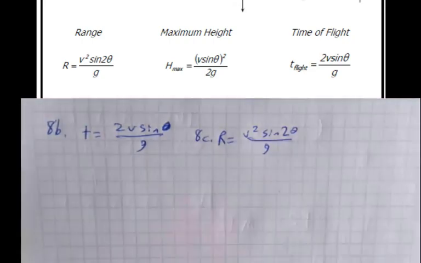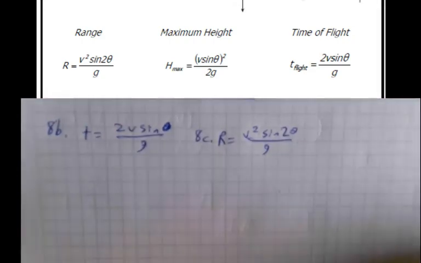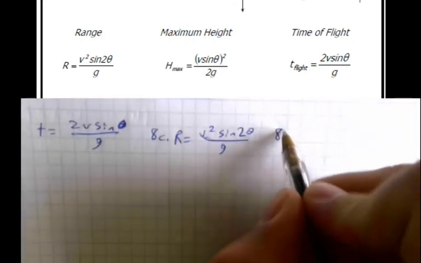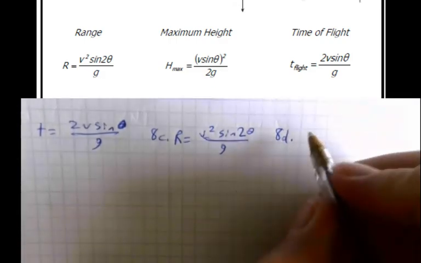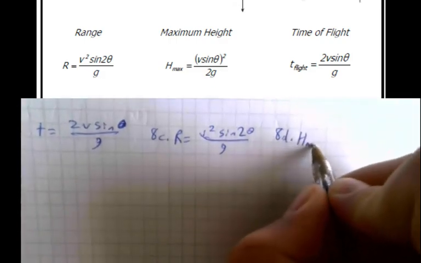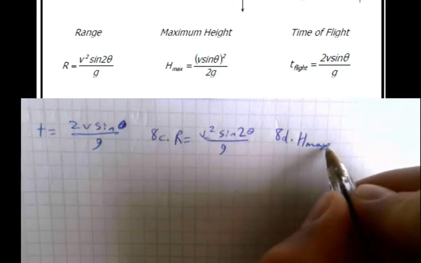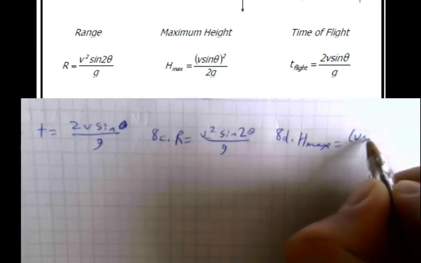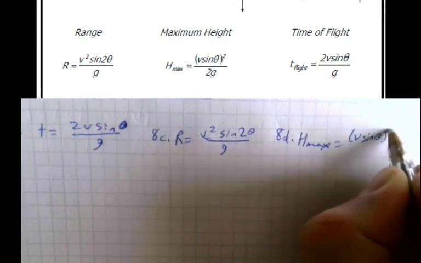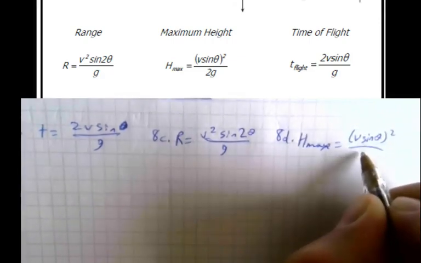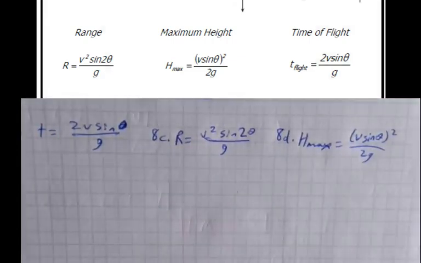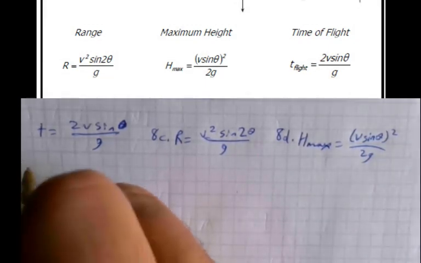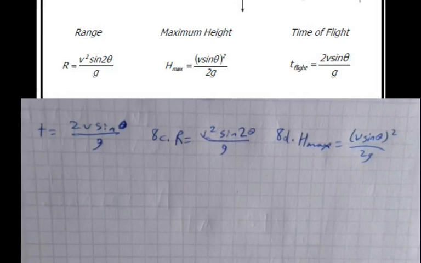That's sine of twice theta. And then 8d is the maximum height. So h subscript max equals v sine theta squared over 2g. So we can solve each of these. Let's go back to the problem.